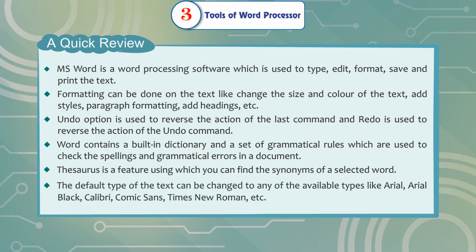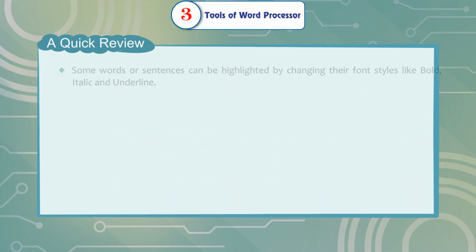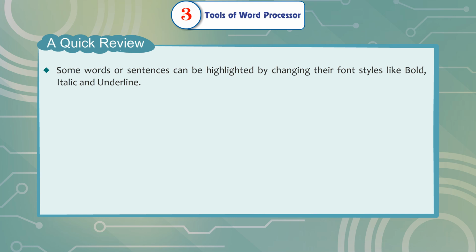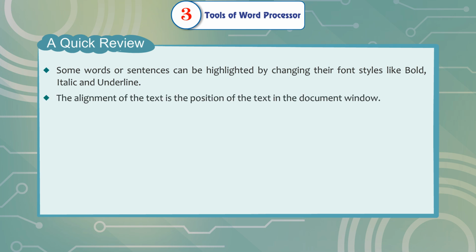The default type of the text can be changed to any of the available types like Arial, Arial Black, Calibri, Comic Sans, Times New Roman, etc. Some words or sentences can be highlighted by changing their font styles like bold, italic and underline. The alignment of the text is the position of the text in the document window.